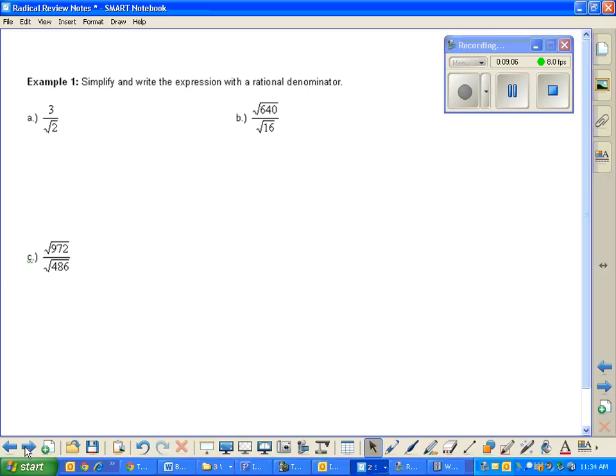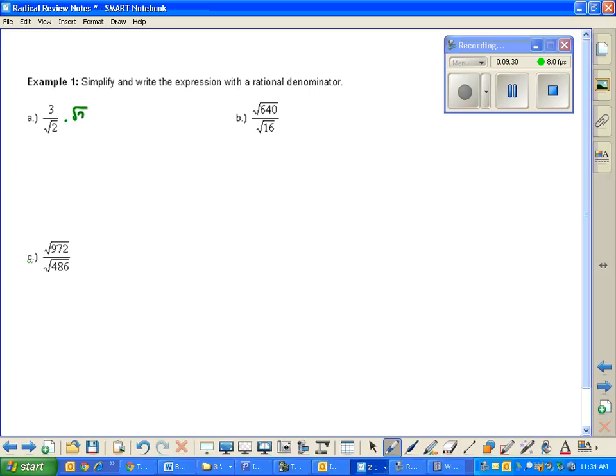We are simplifying some expressions here. We have some gross radicals in the bottom that we need to get rid of. What needs to happen here? What should we multiply by? Not the conjugate. We don't have a plus or minus in the denominator here. What do we multiply by?